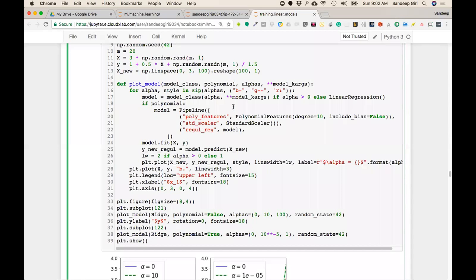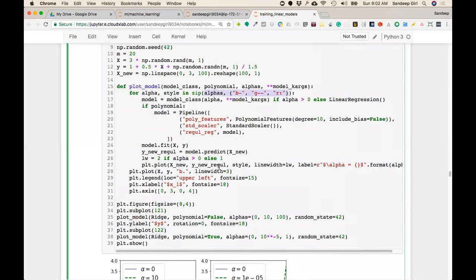So it's not really using 3 alphas at once. I'll show you. We are passing 3 alphas, right? First of all, it's zipping alphas with the colors, so we get a tuple. Once we get that, we iterate over the list of tuples. So this piece of code is being called for one alpha at a time.